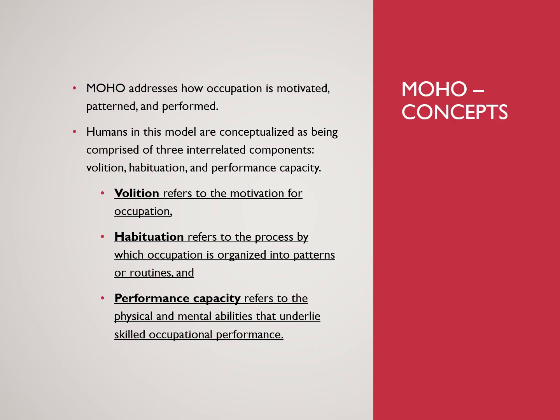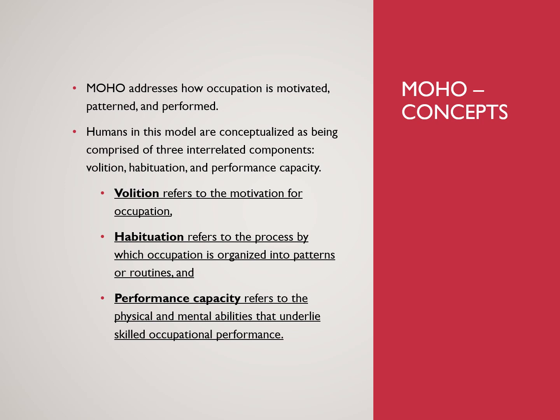MOHO addresses how occupation is motivated, patterned, and performed. Humans in this model are conceptualized as being comprised of three interrelated components: volition, habituation, and performance capacity. Volition refers to the motivation for occupation, or your motivation as a student.